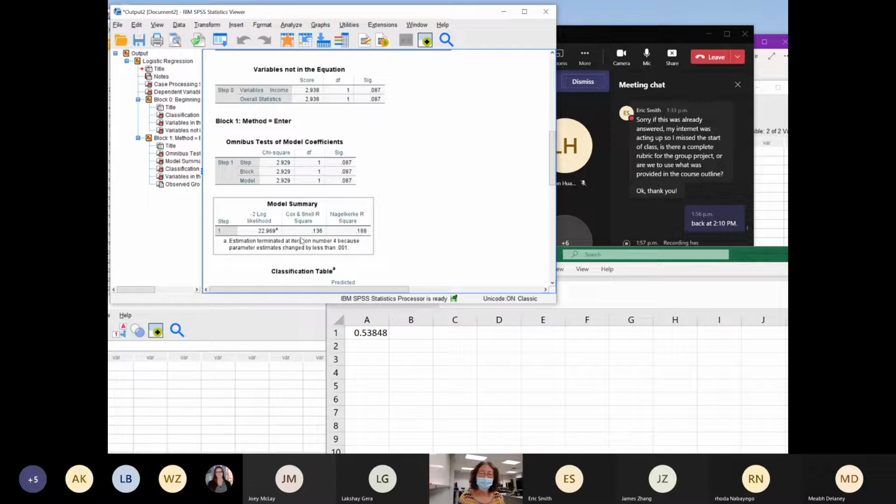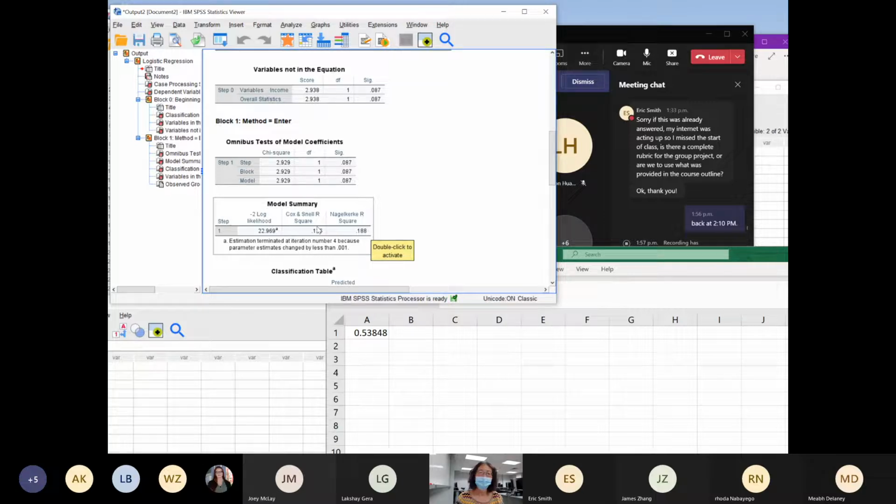And in model summary, you have Cox-Snell R square. You also have Nagelkerke R square. So those R squares represent 13.6% to 18.8% of the changes in Y that are due to the income.